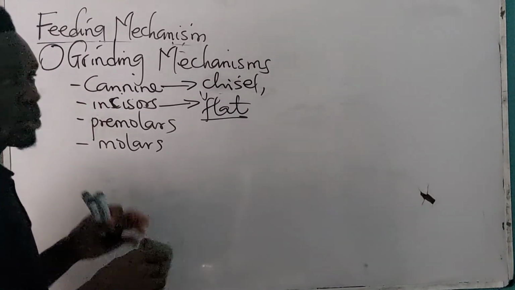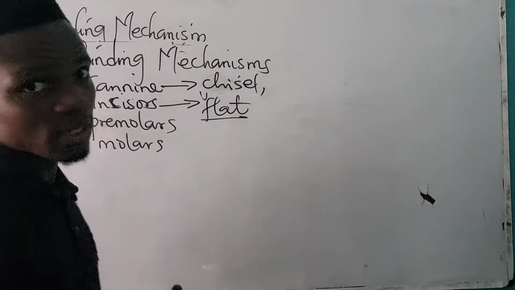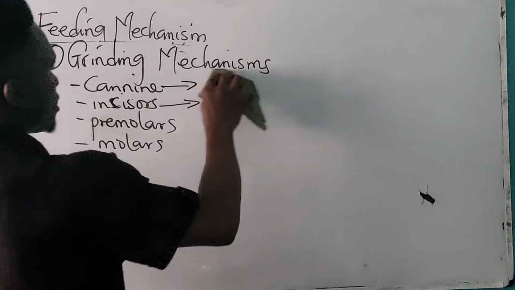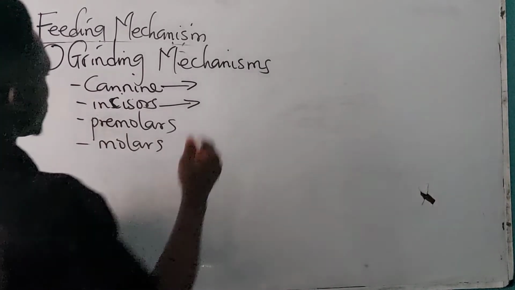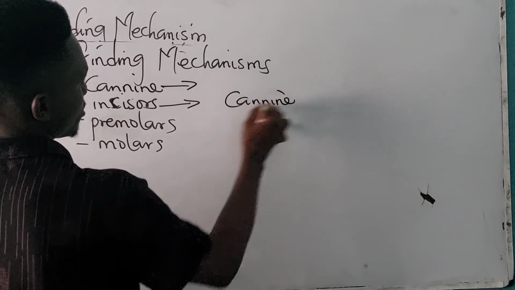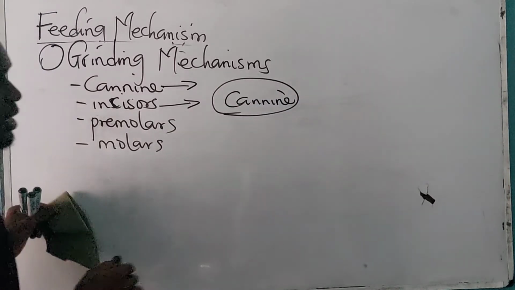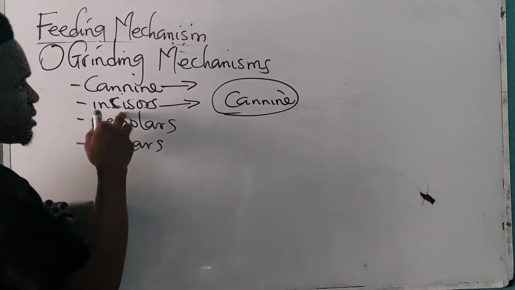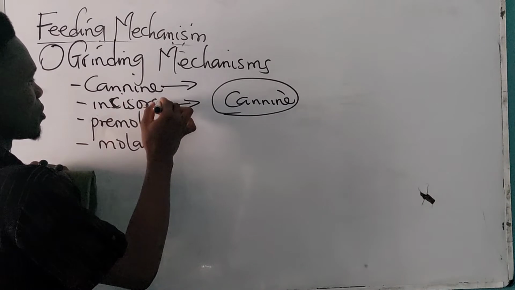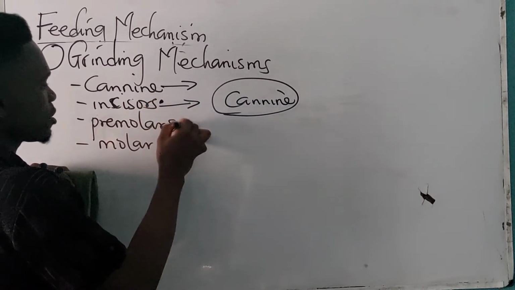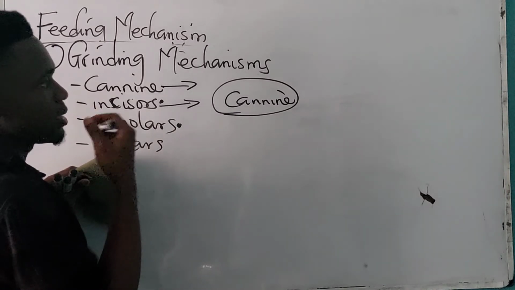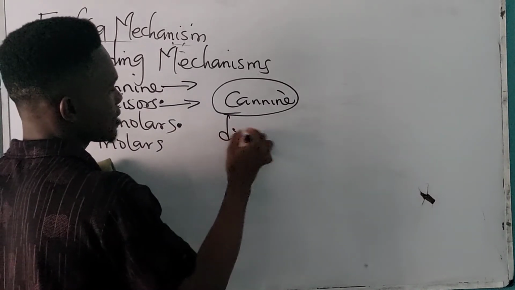Herbivores are animals that feed on herbs, they feed on grasses. Now they lack canines. All right, they lack canines. They only have what? Incisors. Now the space between the incisors and the first premolar of a herbivorous animal is occupied by a space called diastema.